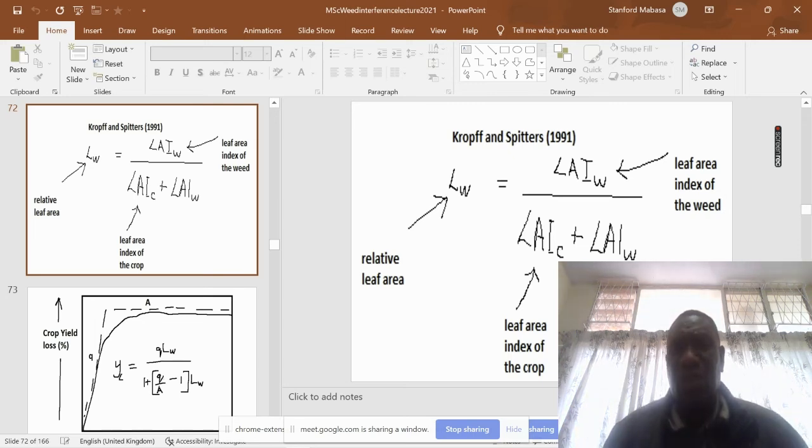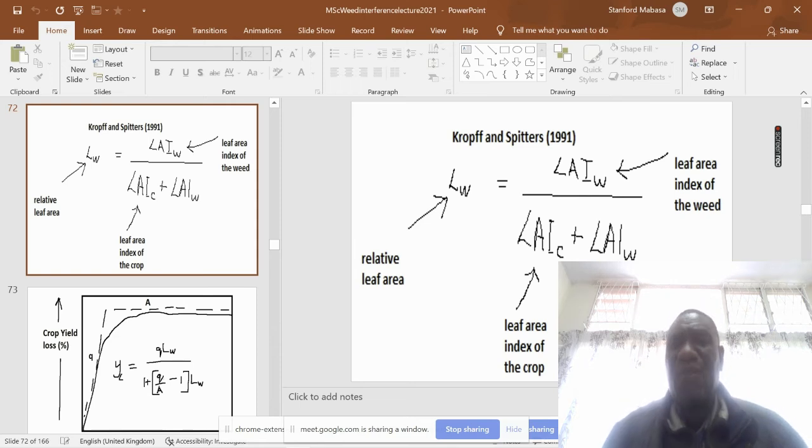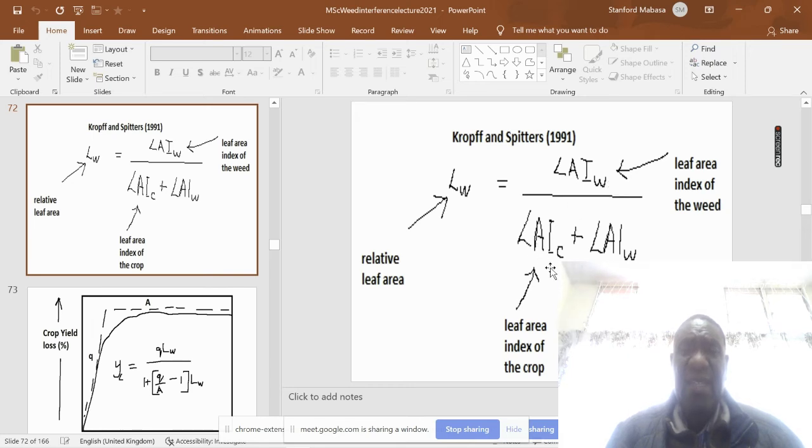So you go into a field, you measure the leaf area of the weeds or of the wheat and calculate the leaf area index, which is represented by LAIW. You also measure the leaf area index of the crop.